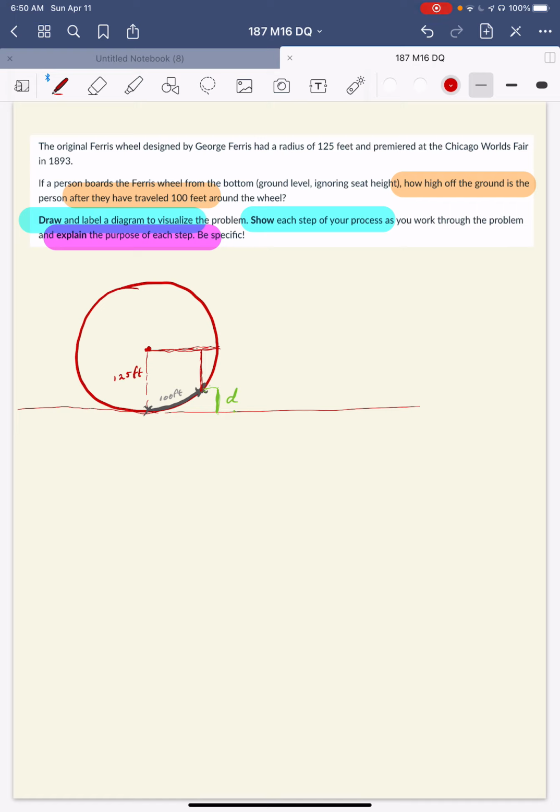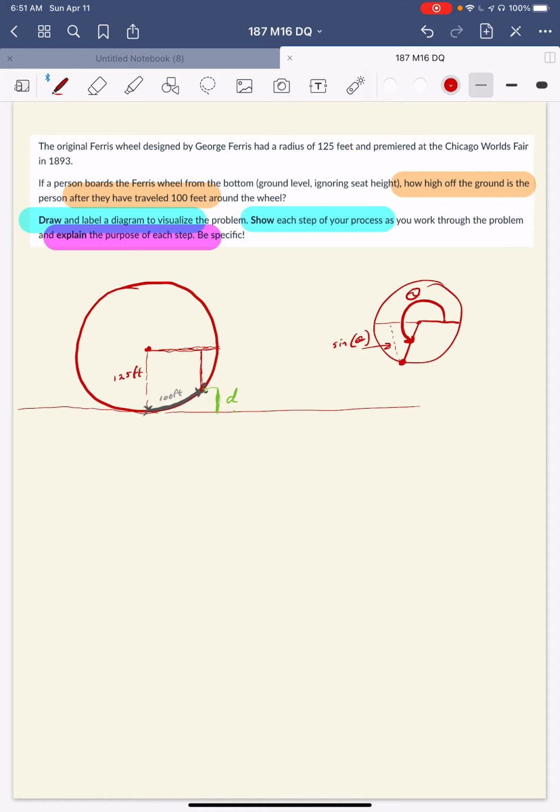Remember, the sine function is defined as if I start here and wrap around wherever I end up, the distance from the horizontal axis to that point is the sine of that angle. That gives me the distance from the horizontal axis, starting at the 3 o'clock position, wrapping around. So, all right, well, what do I know? Do I know any angles?